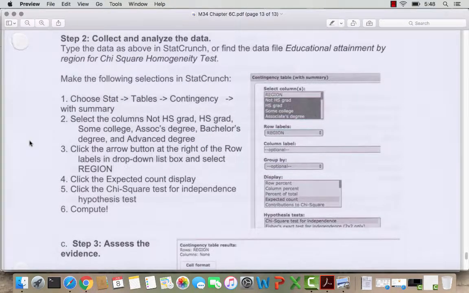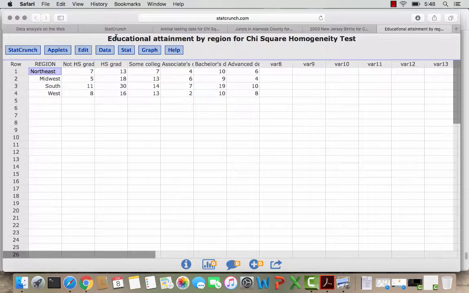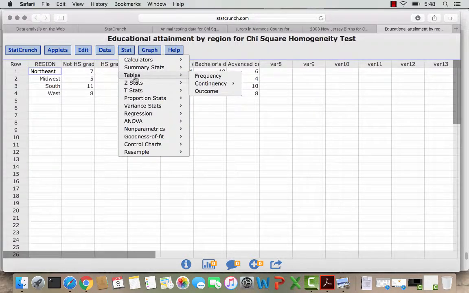So now we're going to go into StatCrunch, and we're going to do a chi-square test for independence again. So even though it's a homogeneity test, it's the same calculation as the test for independence. So we go through the same process as the prior example. So we go stat, tables, contingency table, and then we do it with summary.